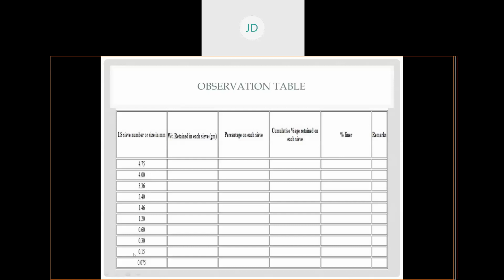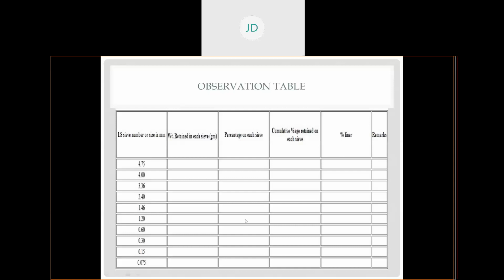Now just concentrate here. These numbers are decreasing from top to bottom, isn't it? The top number is 4.75, then it decreases to 4, then 3.36, then 2.40, 1.46, 1.2, 0.6, 0.3, 0.15, 0.075. Remember this is all in millimeter.